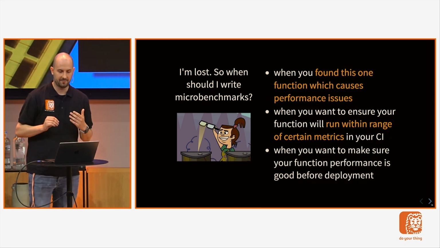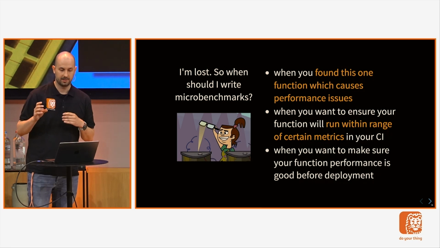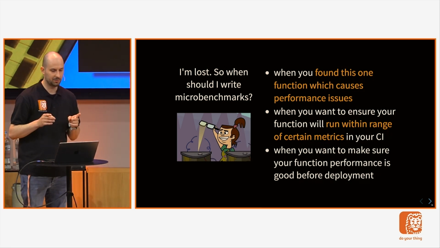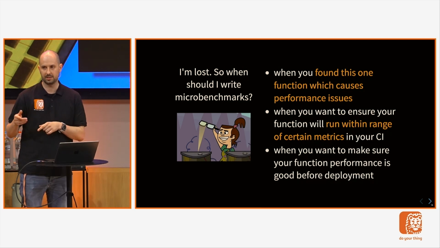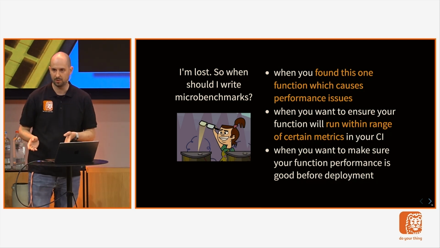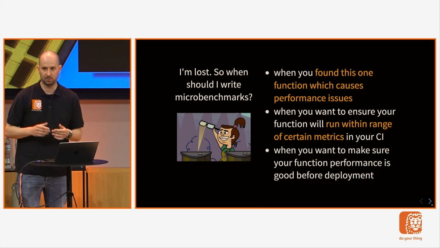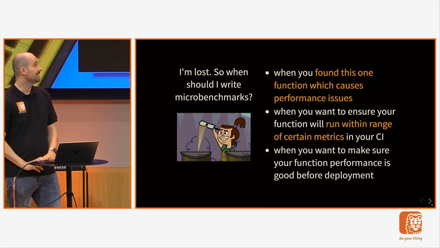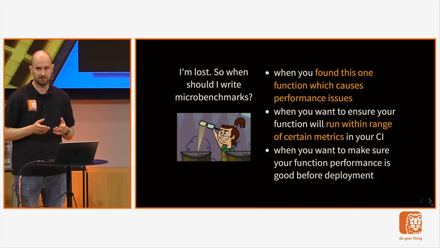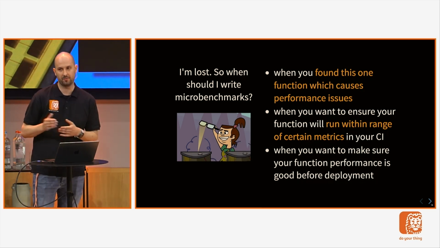Next, if you have some range of metrics that you would like to ensure in your CI, that this function will always run within a certain metric. Even if your colleagues deploy some changes that you don't want, with this you can ensure that it will still be there. Lastly, you can also make sure that the performance of this function is good before the deployment.